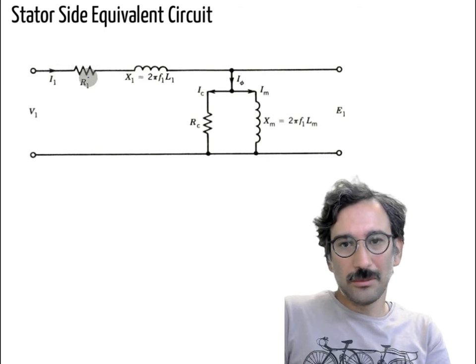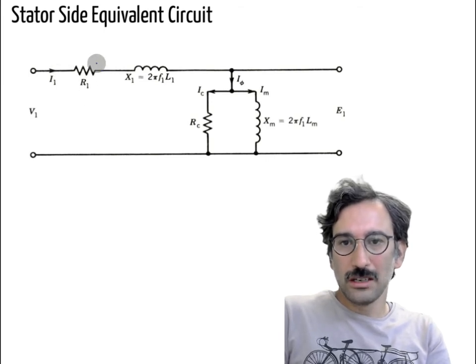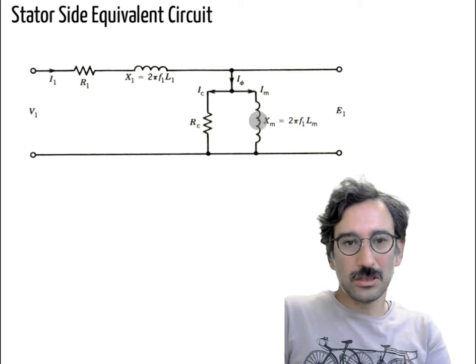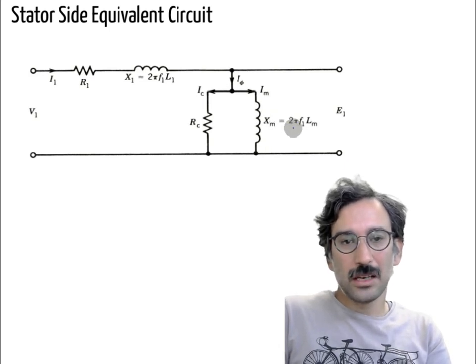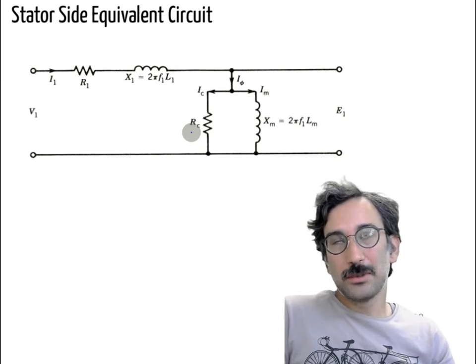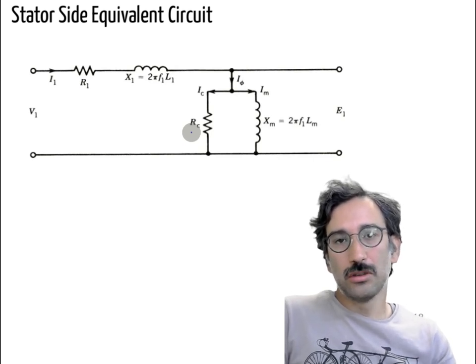So here, this is a proper circuit where we have the R1, X1 as well, and we have RC. Normally RC is not as dominant as in the transformers, but XM can be dominant. And RC, remember, represents the core losses.